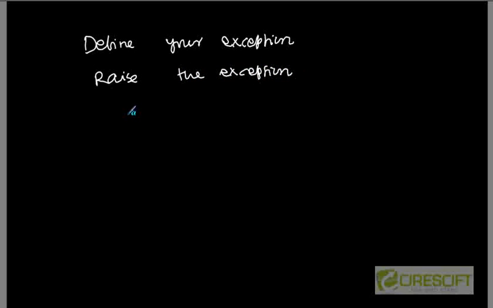What we have seen in the case of implicit exceptions is that Oracle will automatically raise that exception when it hits a particular error. So we have two types of exception: one is predefined, another is non-predefined.